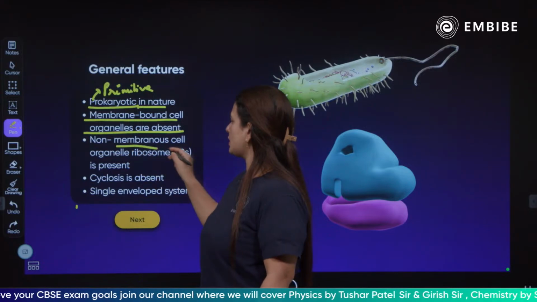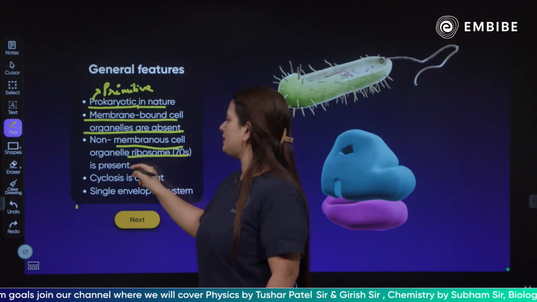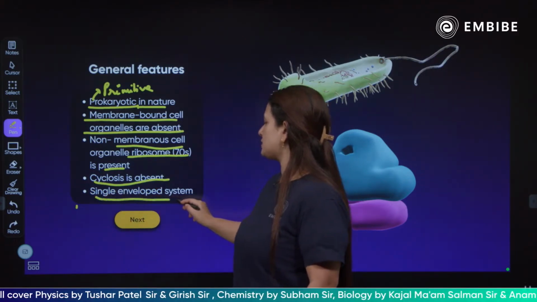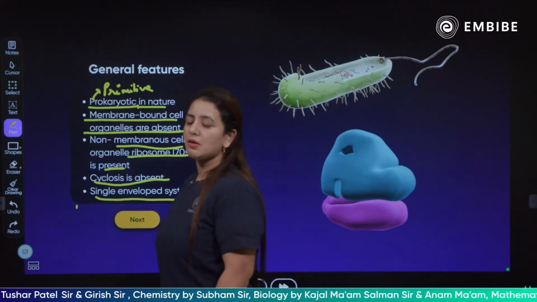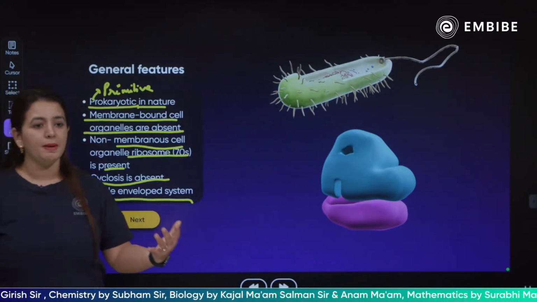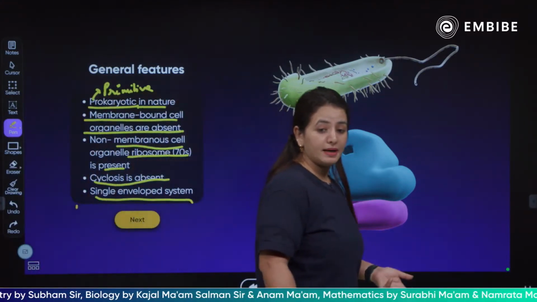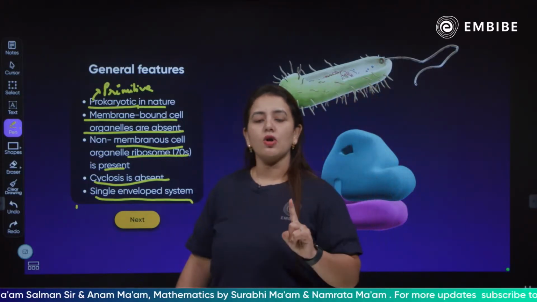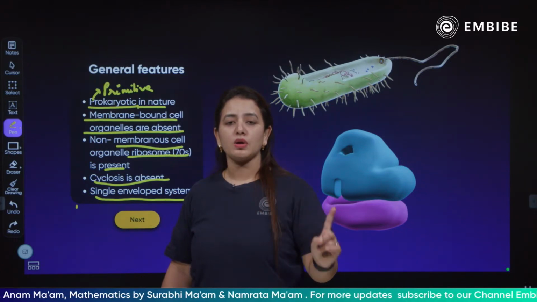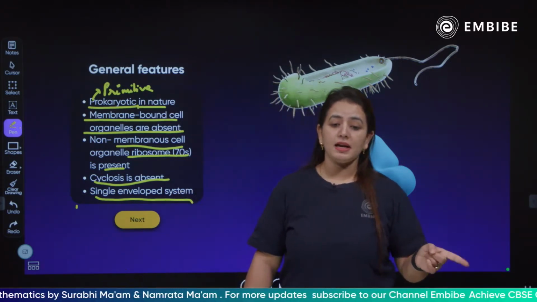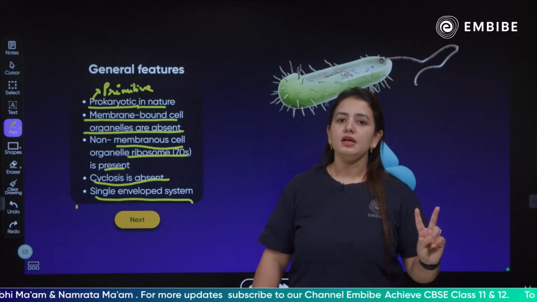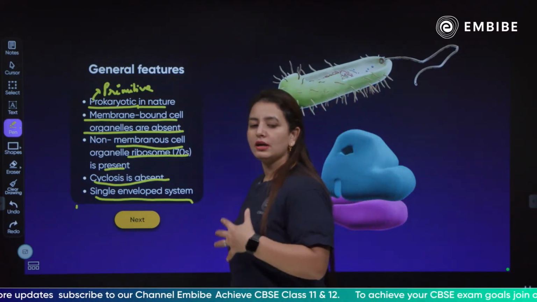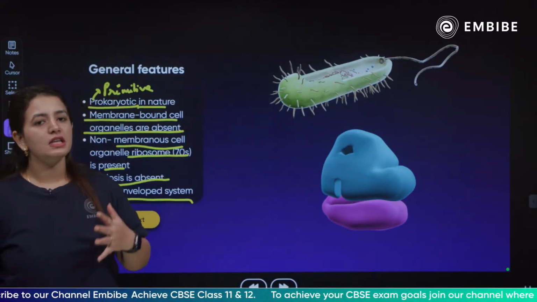Non-membranous organelles will be present, and the ribosome is 70S. Cyclosis is completely absent, and a single envelope system is there. Double envelope means a double membranous structure, outer and inner membrane. But a single envelope system means only one membrane, one covering, one layer, is present. These are the additional features which the monerans possess.